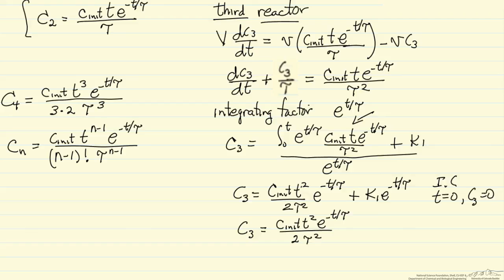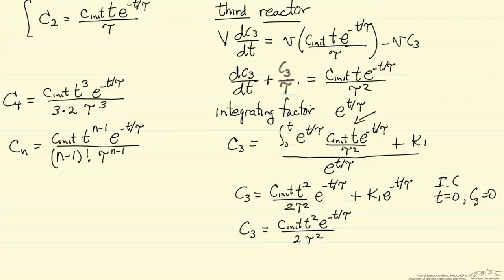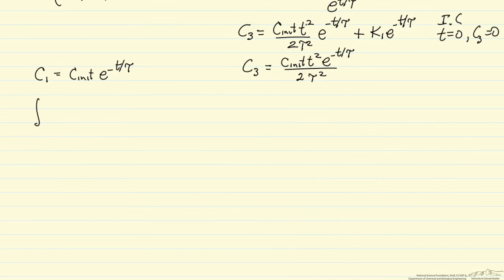We want the residence time distribution, and so we have to normalize, and we can look at the first reactor to do this normalization. The normalization we're going to do is that the integral of the residence time distribution, or sometimes referred to as the exit-age distribution, from 0 to infinity should equal 1, because essentially this is a probability of leaving the reactor. All the probabilities should add to 1.